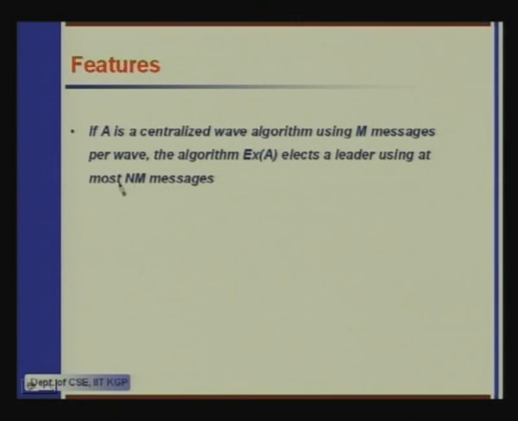So, it is fairly obvious that the number of messages will be at most nm. The fact that it actually elects a leader follows from the fact that only the wave of the leader is going to terminate, and therefore it will declare itself as a leader and then use another wave to inform everyone that it is the leader. So, that is also a fairly simple way of looking at the proof of correctness for this algorithm.